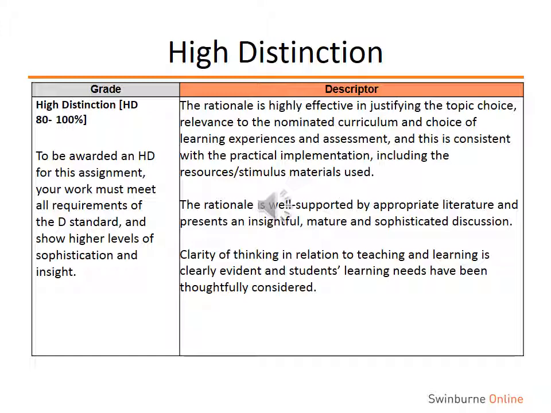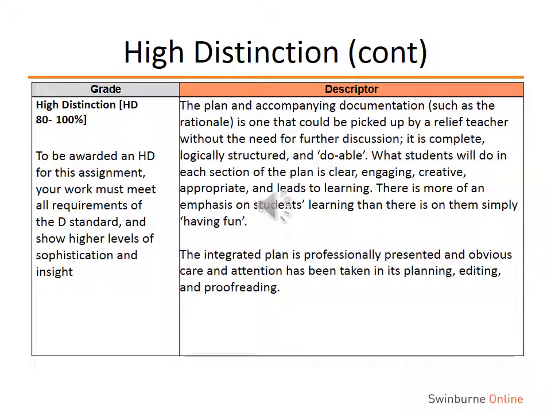Your writing for your rationale is mature and sophisticated. You have thought about the children and their learning needs. This has been your top priority. If you're aiming for a high distinction, this is what I'm going to be looking for.